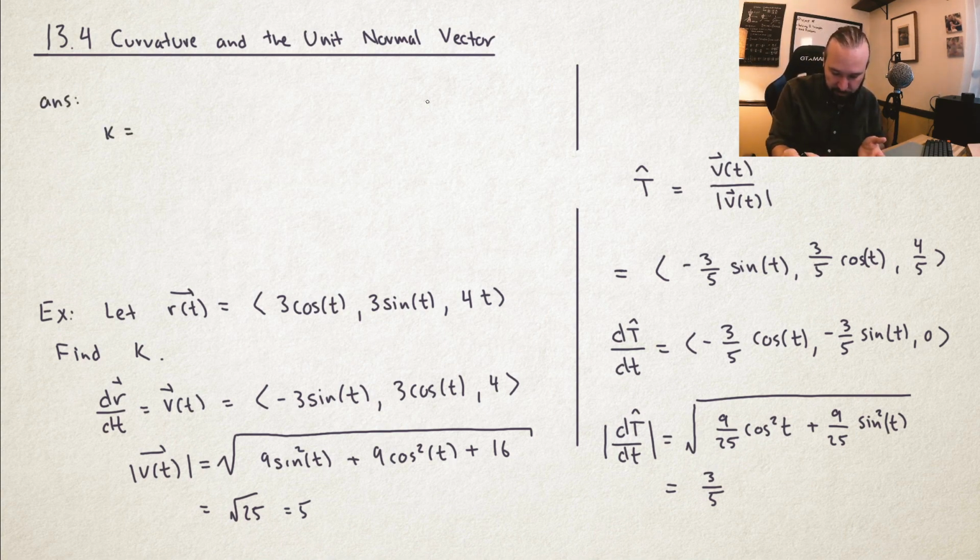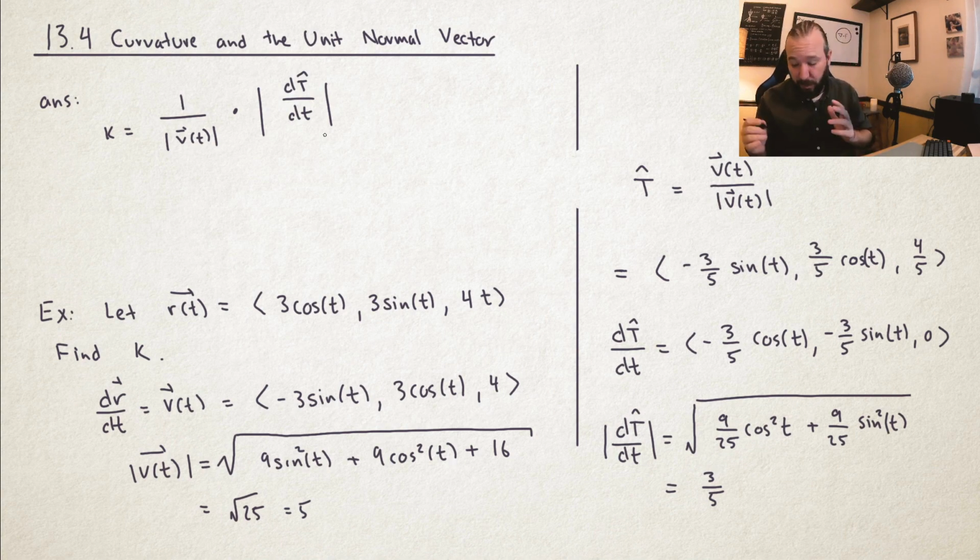Kappa equals 1 over the magnitude of v of t, which is usually a function, but this time it's a constant, times the magnitude of d big T, d little t, which is also usually a function, but this time it's a constant. So in this problem, the curvature is constant. The curvature isn't changing, and that actually makes sense.